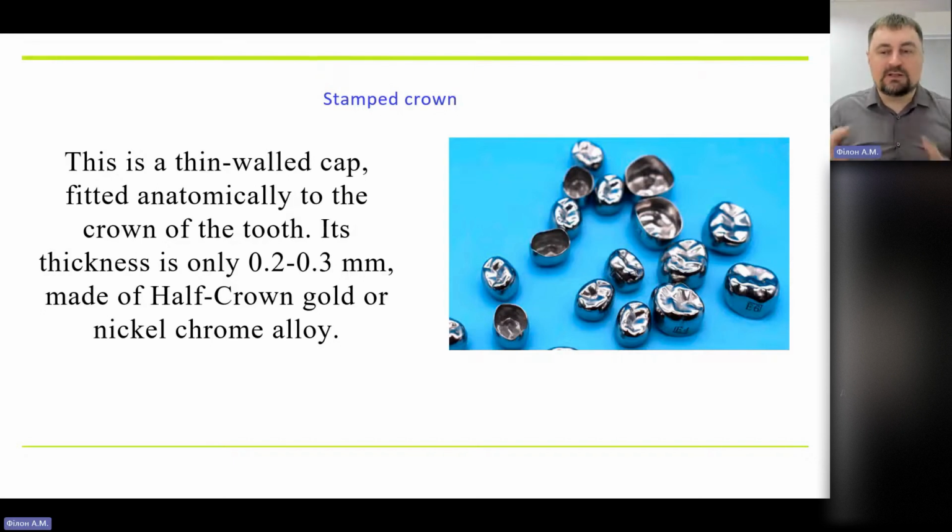Yes, moving, because the bone around the teeth is going to resorb.